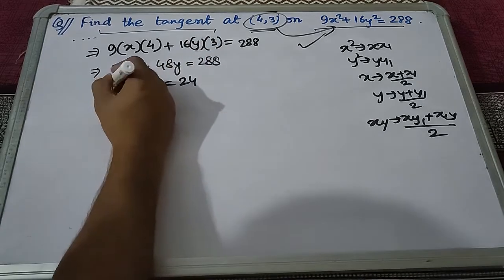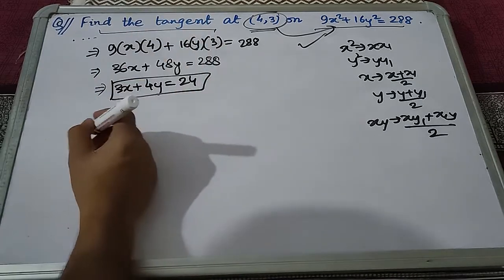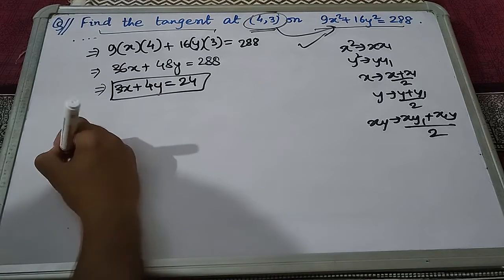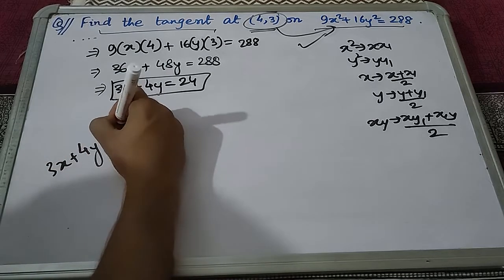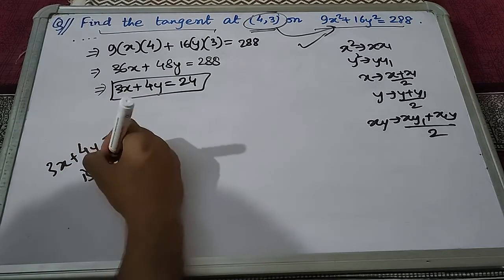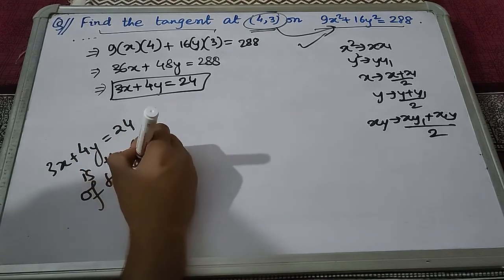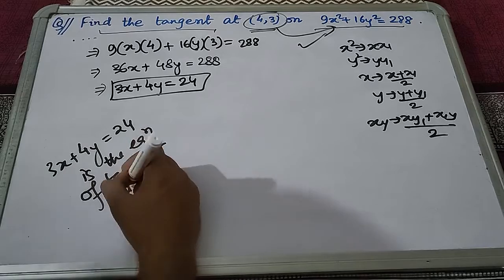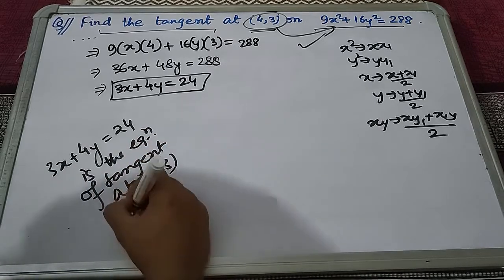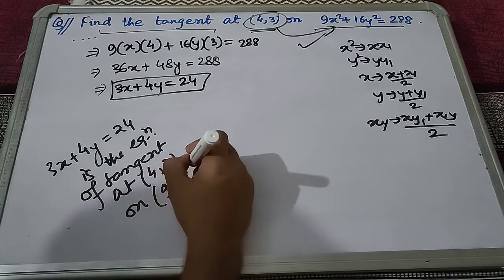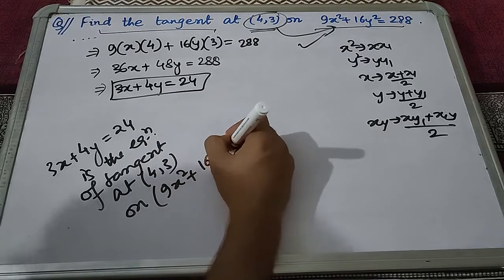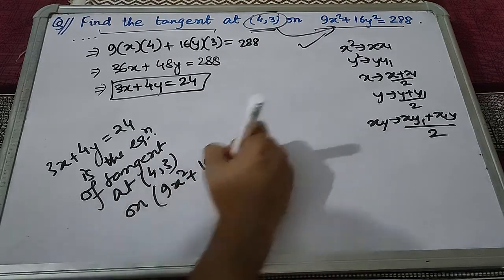Therefore 12 24s are 288. Thus we can say that 3x plus 4y equals 24 is the equation of tangent at 4,3 on 9x square plus 16y square equals 288.